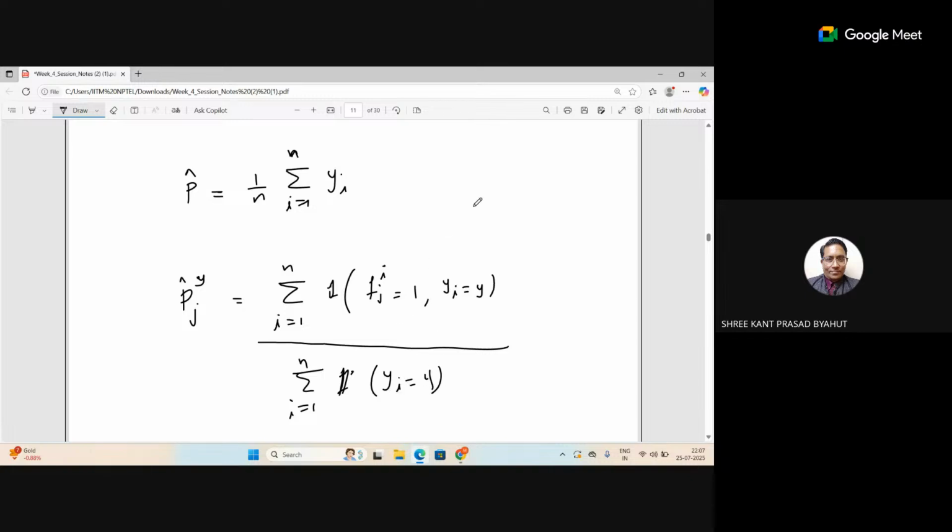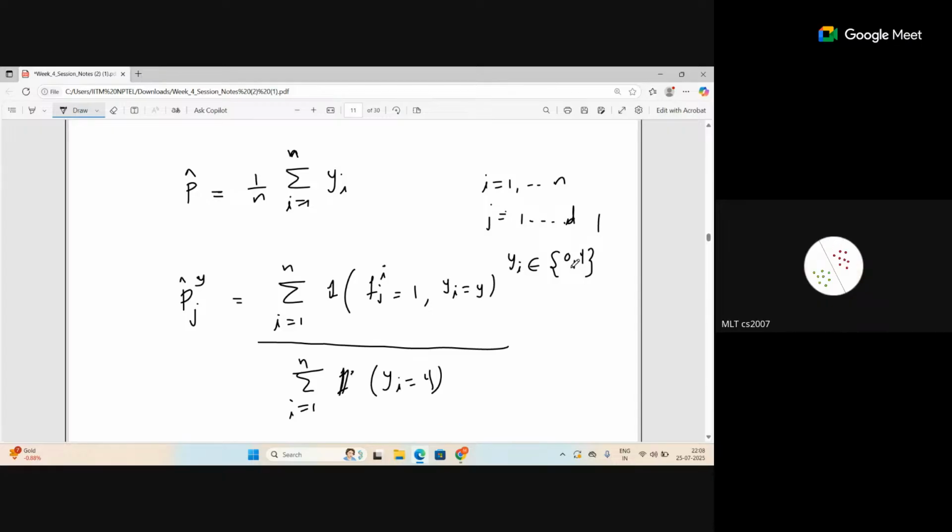Here i goes from 1 to n, j goes from 1 to d, and y_i takes values 0 and 1. Okay, now this is fine.